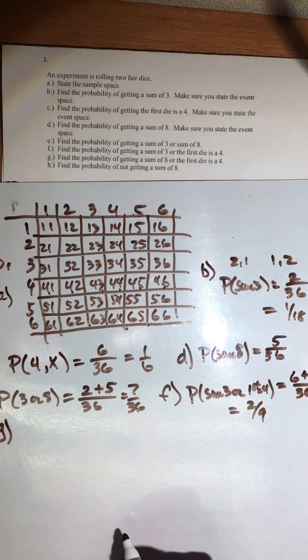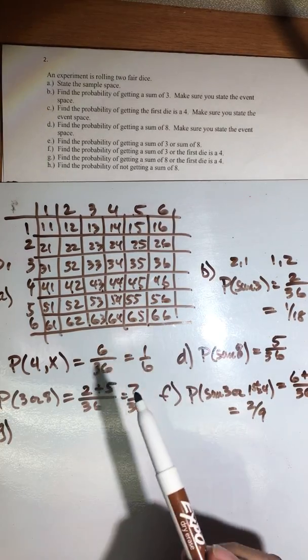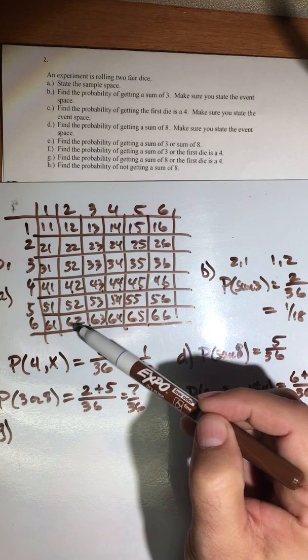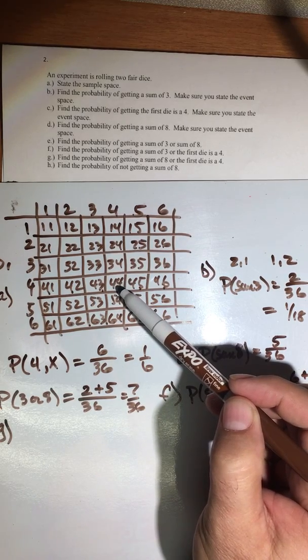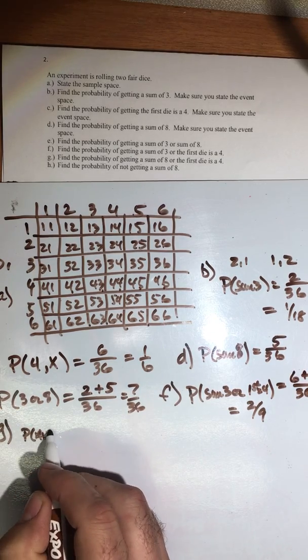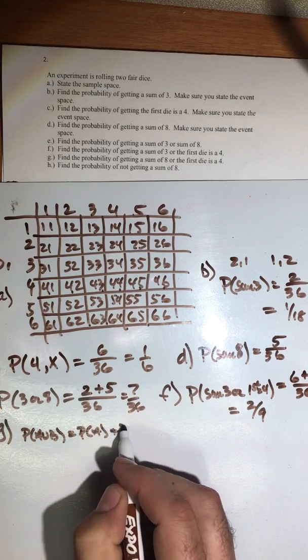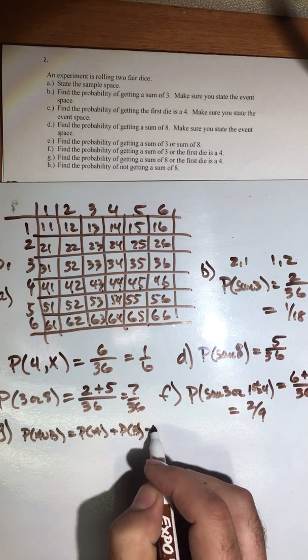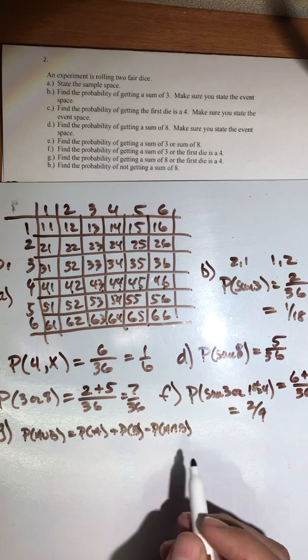For G, it says the sum of getting an 8 or the first die is a 4. Now we have to be careful here because the sum of an 8 includes that one right there. So remember, the probability of A or B is the probability of A plus the probability of B minus the probability of A and B. So I've got to subtract out that overlap.